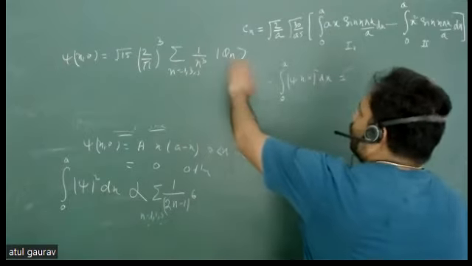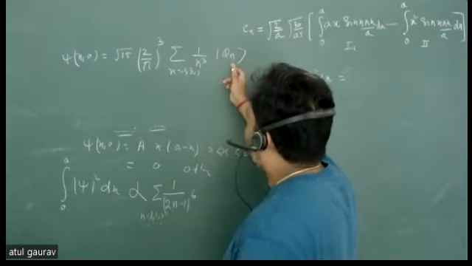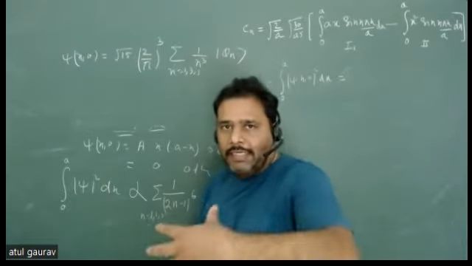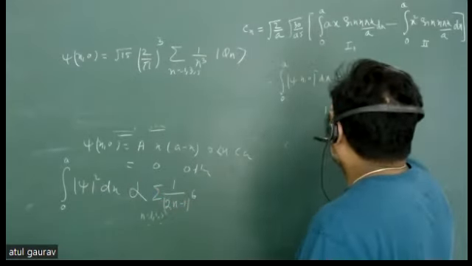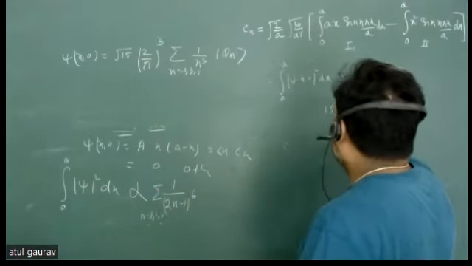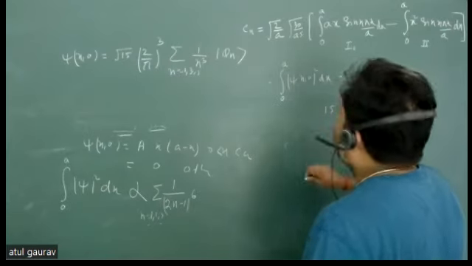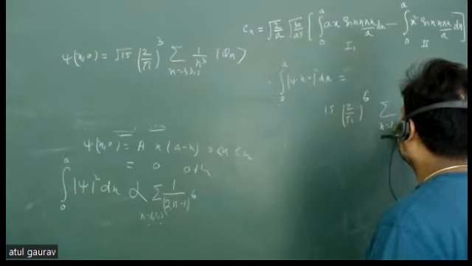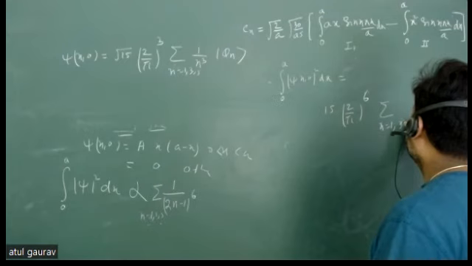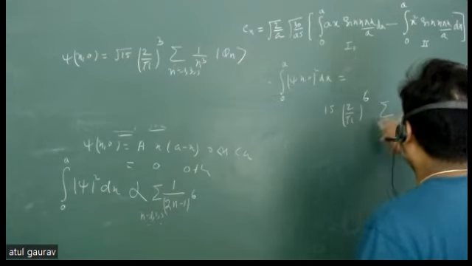All others will be orthogonal to each other because phi n and phi m will be orthogonal to each other, isn't it? You have the psi ket and psi bra, so they are orthogonal. So what you have is 15 times (2 by pi) to the power 6, and this number will be n equal to 1, 3, 5, and this will be n to the power 6, isn't it?